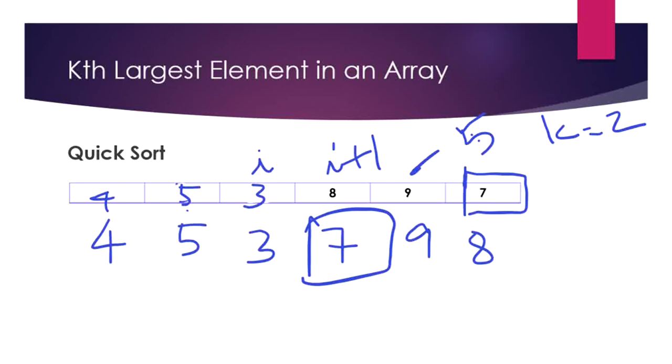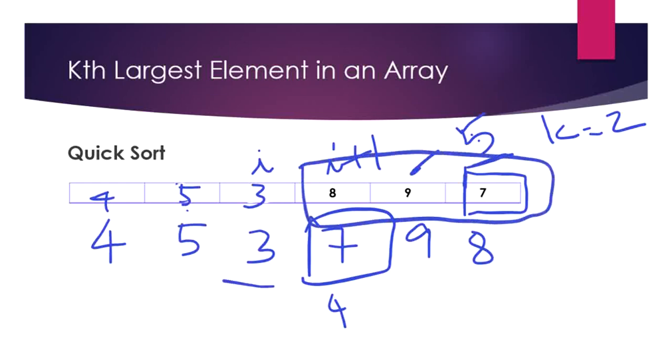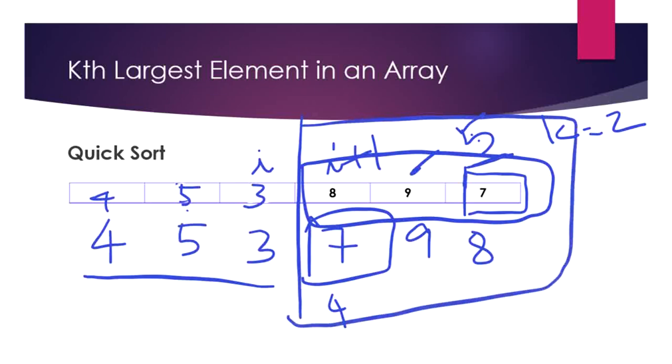So our 7 is at the 4th position. We just check whether our output position is in this range or this range. So clearly it is in the second half. So we're going to just apply quicksort on this part alone to find our output instead of completely sorting the whole array.